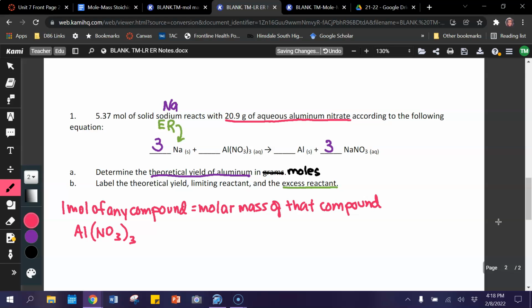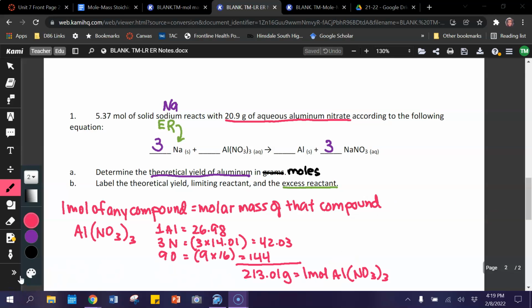In order to do that, I need to consult my chem helper. All right, so after consulting my chem helper, I can see that 1 aluminum, 3 nitrogens, and 9 oxygens gives me a molar mass of 213.01 grams, and that's equal to 1 mole of aluminum nitrate.